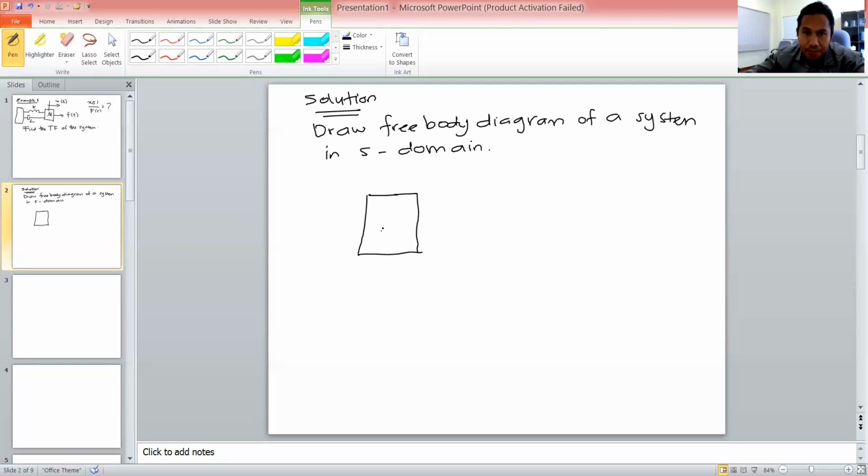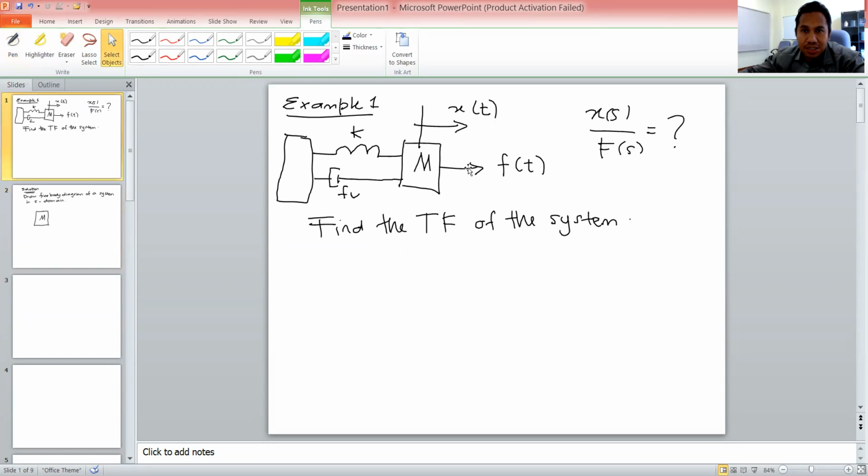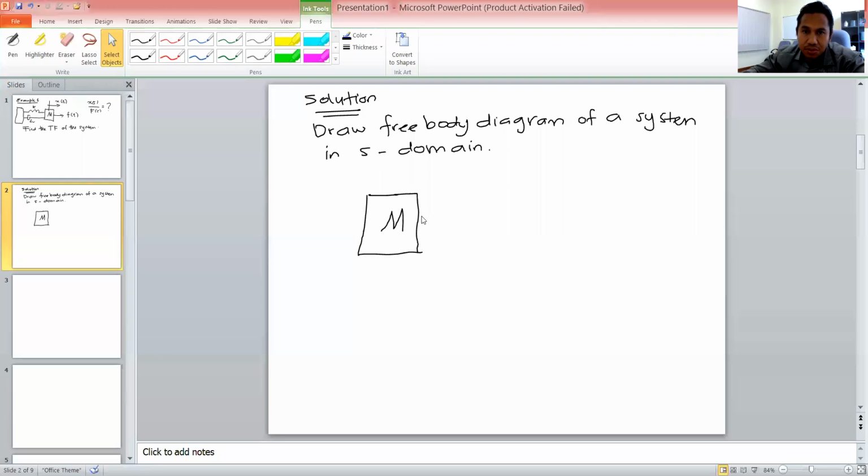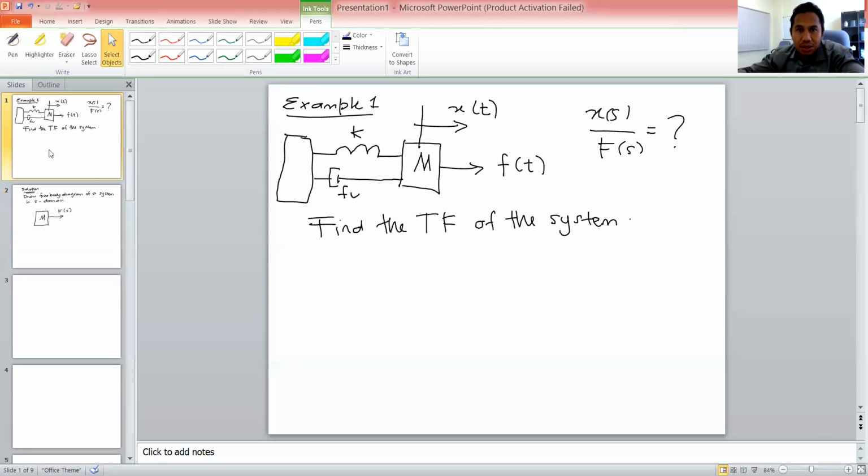This is M. We take a look, this is FT. When FT is changed, it becomes FS. Again, we have this kind of system.